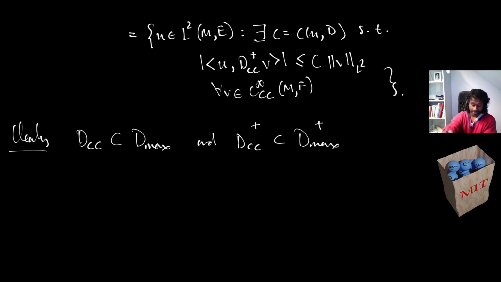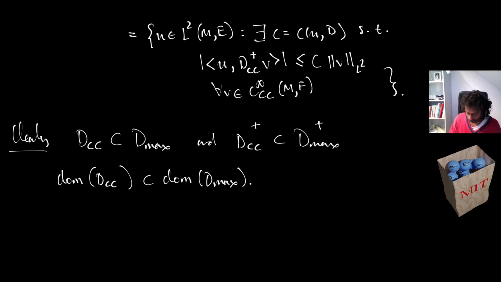Let's be really careful here, because maybe you're not so familiar with moving between thinking in terms of operators and Banach spaces, or normed spaces. So this is really saying that we're looking at the domain of D CC as a subspace of L2, and this is of course contained in the domain of D max. All right, recall that this is what it means, right?